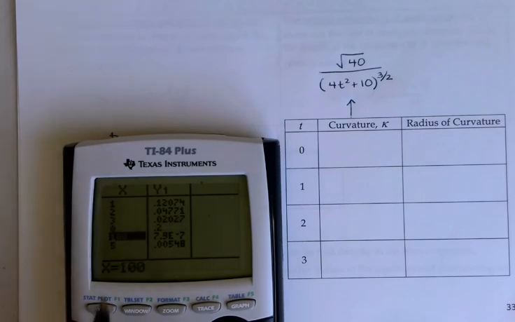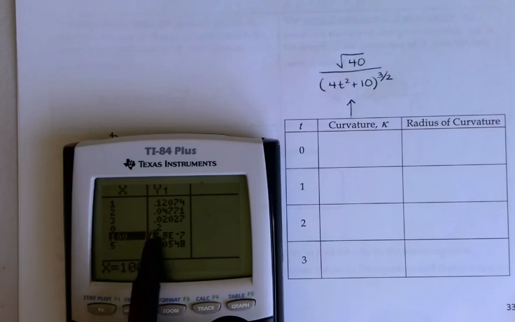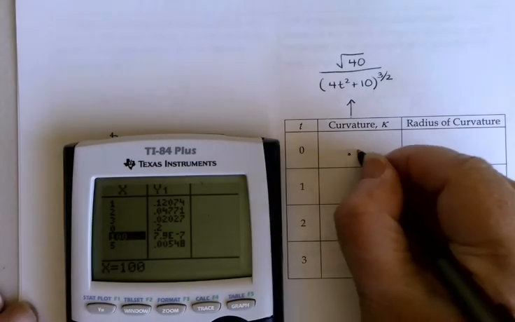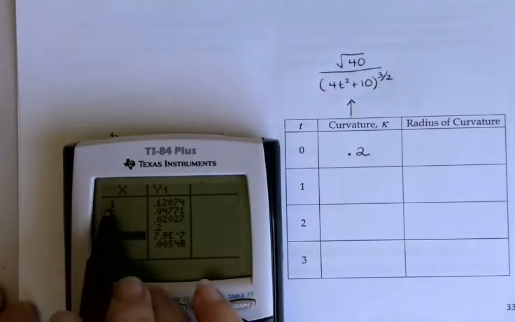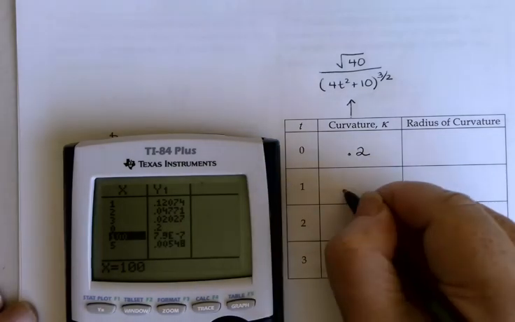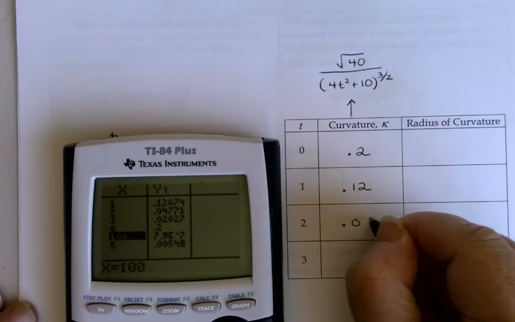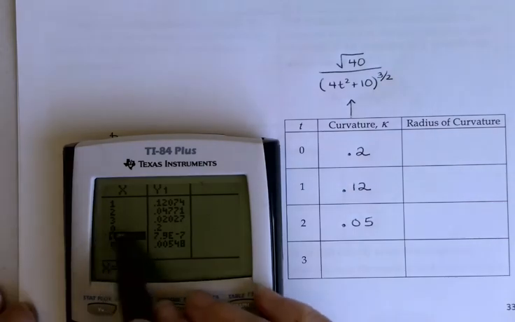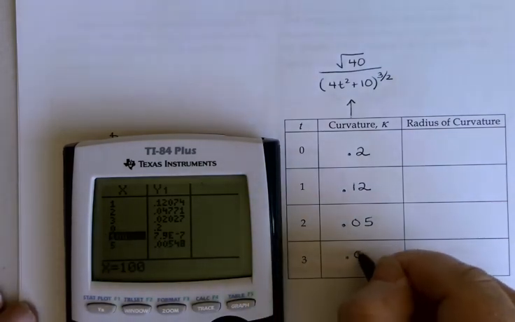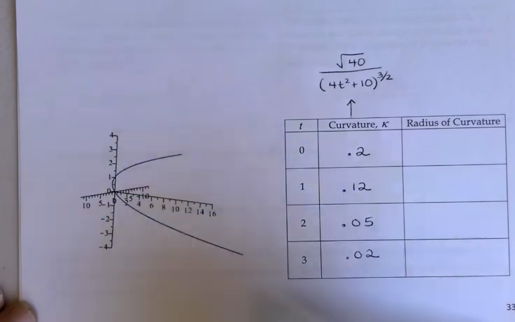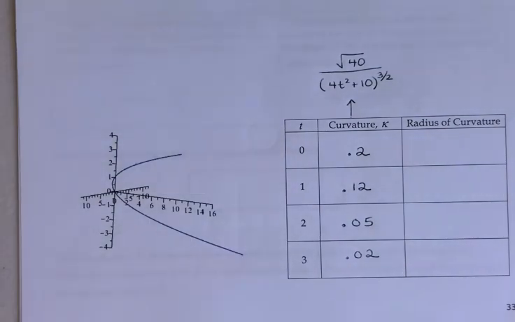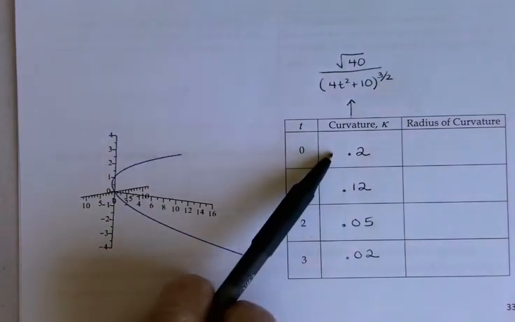At 0, we get 0.2. At 1, I've got about 0.12. 2 is about 0.05. I'm just keeping 2 decimal places here. And 3 is about 0.02. So first of all, you can definitely see that what we predicted is true.